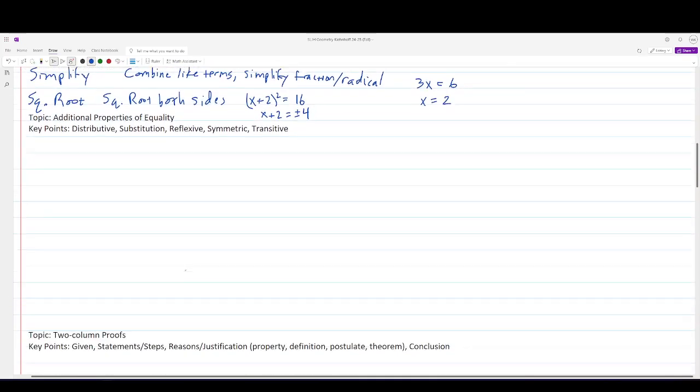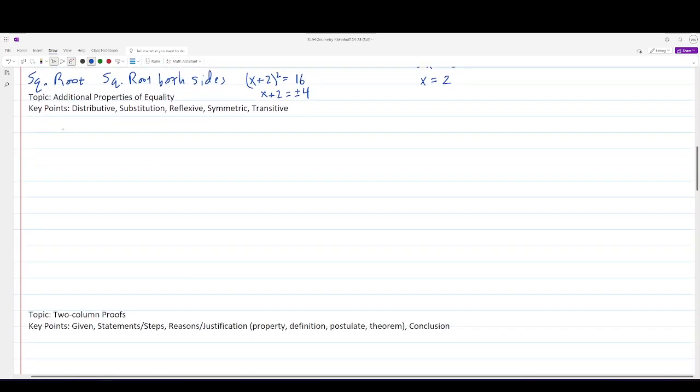All right, so additional properties of equality. Distribution. I'm going to call it distribution rather than distributive POE. The reason for that is distribution doesn't rely on an equal sign, it just happens on one side. So even though we're talking about solving equations, these are not necessarily all ones that need an equal sign.